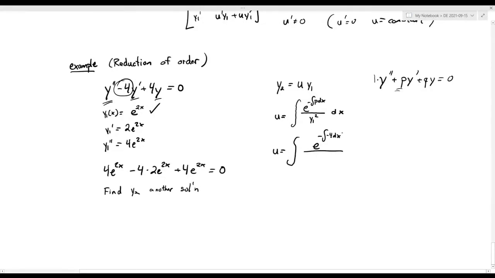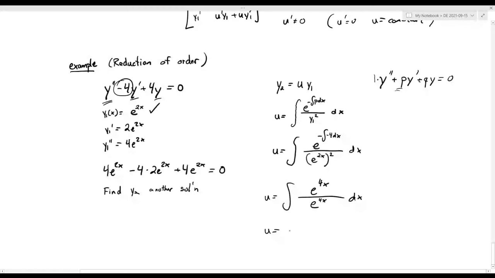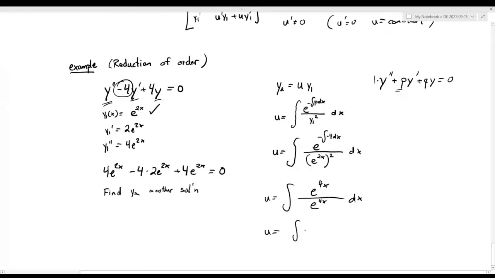y1 we said is e to the 2x. So we'll simplify the denominator, and we'll anti-differentiate in the numerator. And so you see that this is just 1.